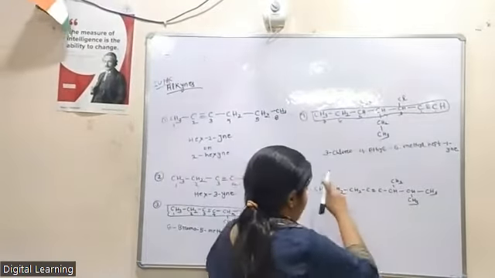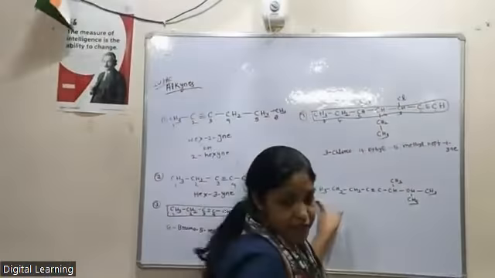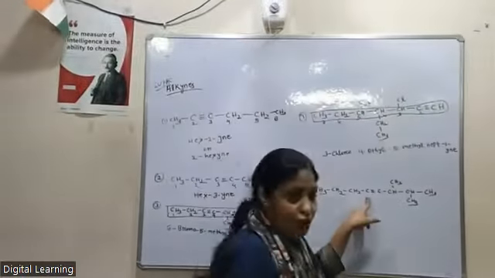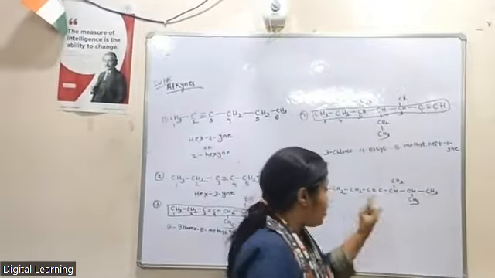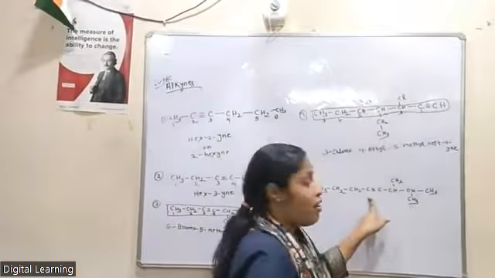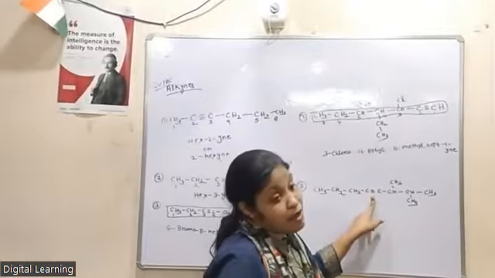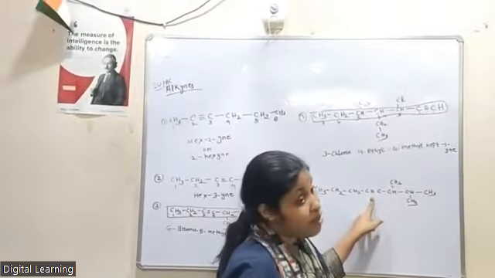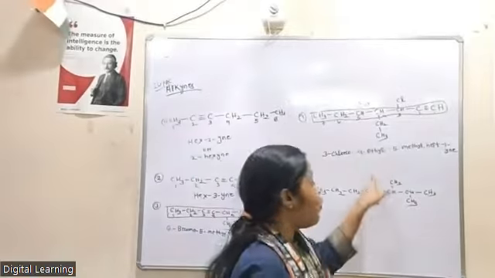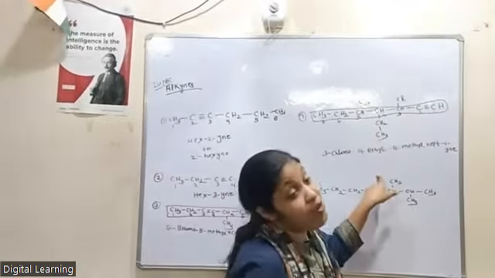Both are the same, then counting the triple bond from either side, 1 2 3 4, this carbon gets 4, and this carbon also got 4. So if the triply bonded carbon atoms get the same locant counting from either side, then we have to go to the substituents.